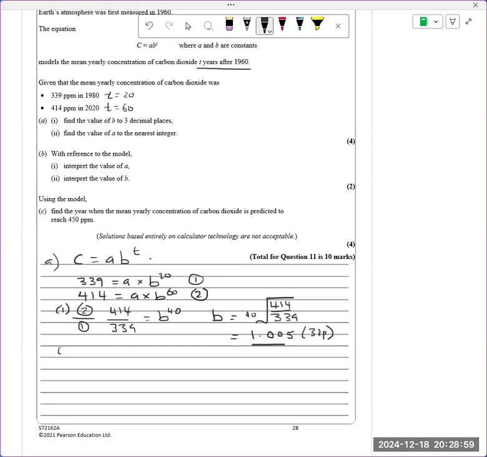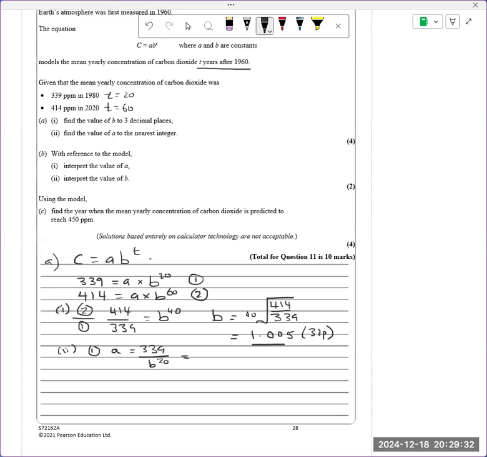And then part two, we've now got to calculate A, so we just sub back in to either of the two equations. So equation one tells us that A is 339 divided by B to the power 20. Now I've still got the accurate value on my calculator, so I'm going to use that. So that is 339 divided by answer to the power 20.